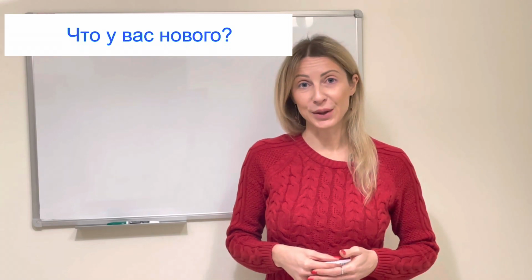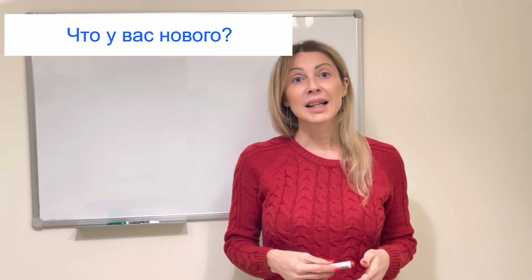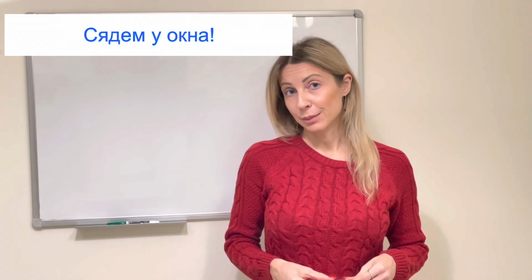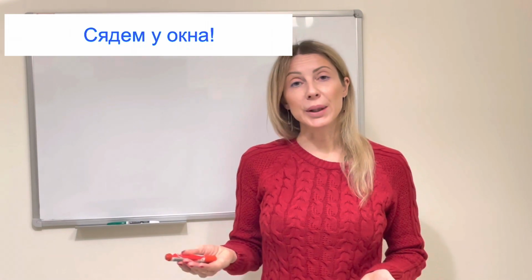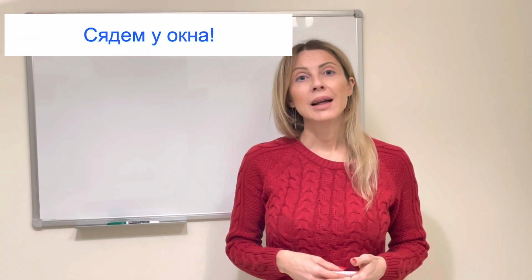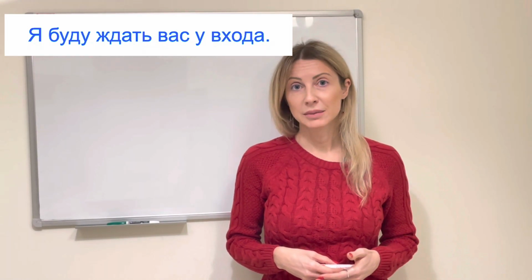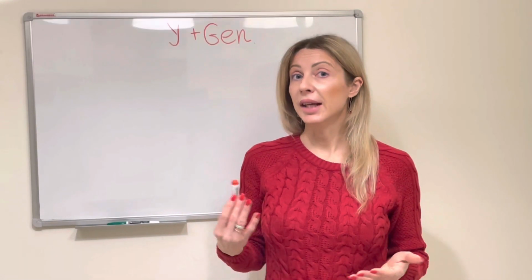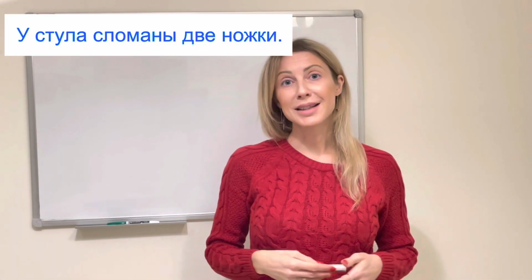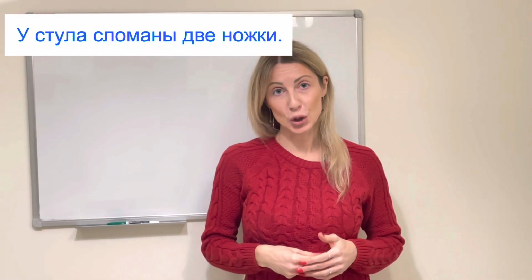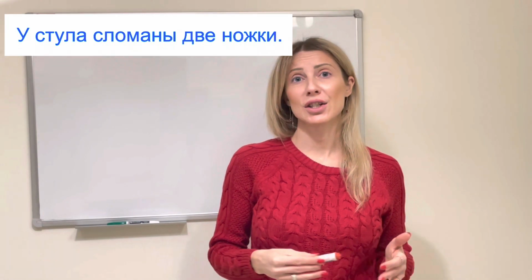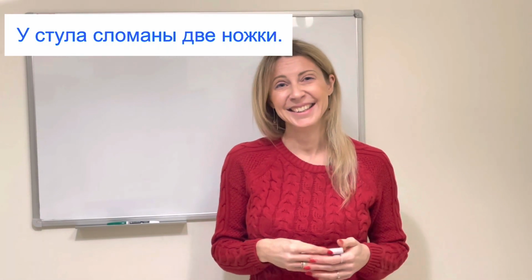What's new with you? Сядем у окна. Let's sit by the window. Я буду ждать вас у входа. I'll wait for you at the entrance. У стула сломаны две ножки. This chair has two broken legs.